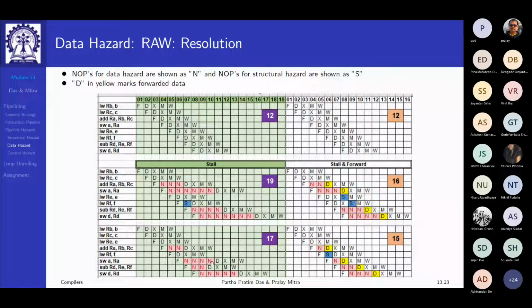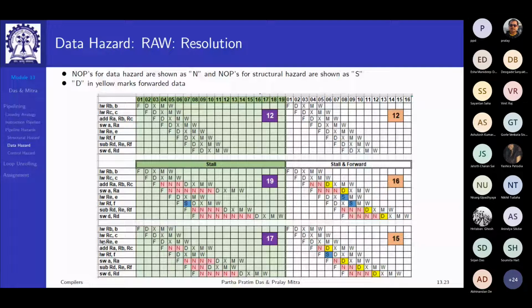So in the right bottom corner, we do a mix of both. So we are using forwarding as well as we are reordering the instructions. So if you see here, after the reordered third instruction load of RE, there is nothing different.